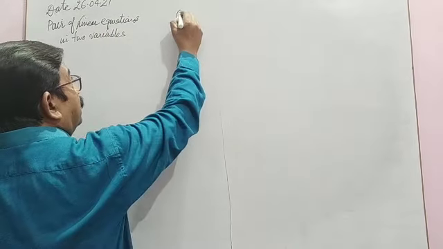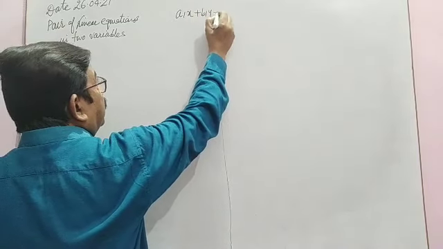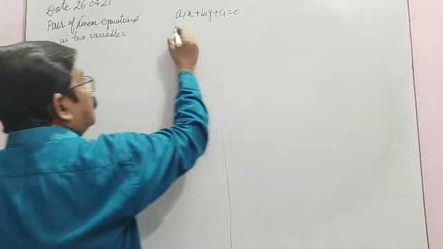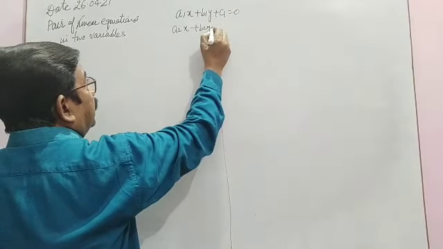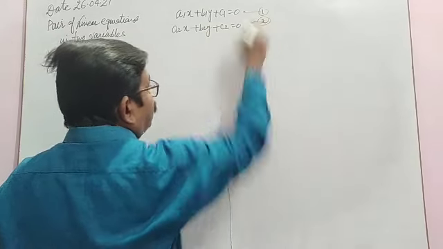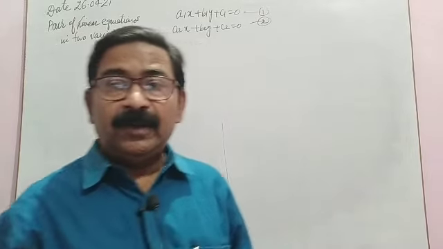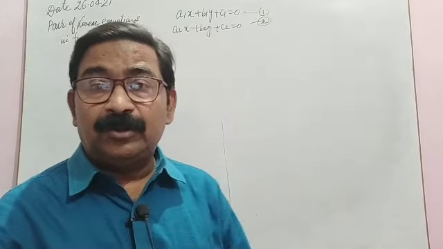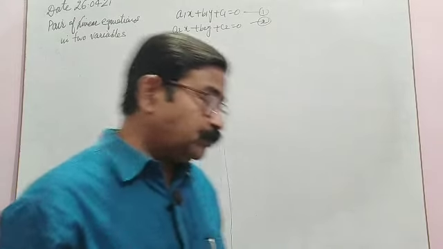Equations were a1x plus b1y plus c1 is equal to 0, a2x plus b2y plus c2 is equal to 0. These are the two equations, and for these two equations we have the solutions: unique solution, no solution or many solutions.